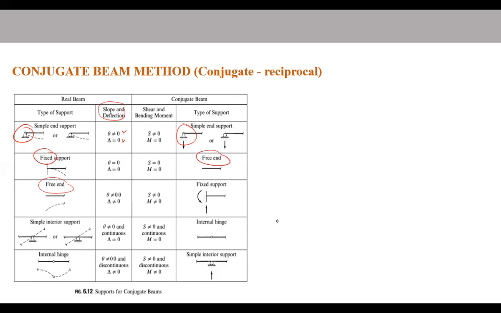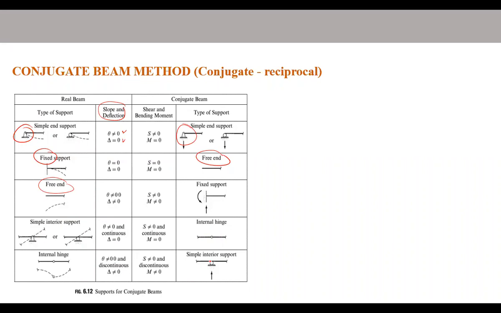If you need both shear force and moment at a support, that support should be fixed; only a fixed support can carry moment. Then an internal pin will become an internal hinge, and an internal hinge in a real beam will become an internal pin. That is the only difference.